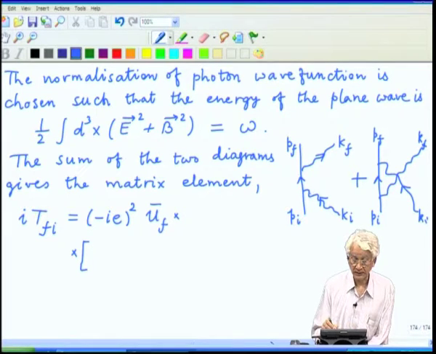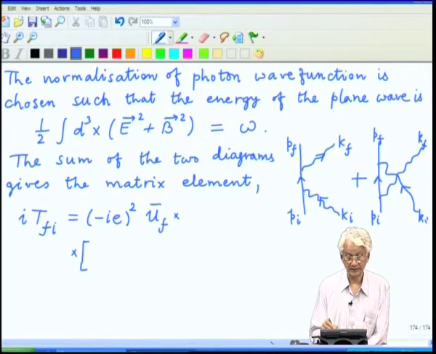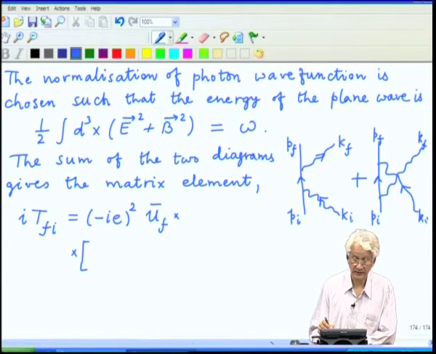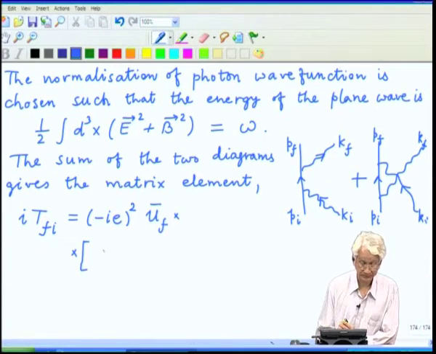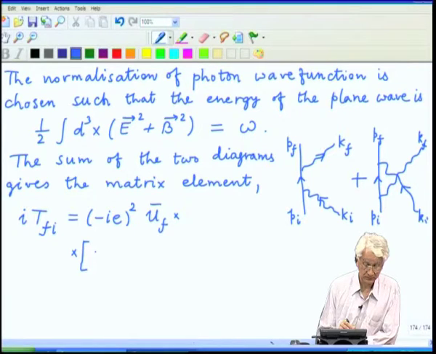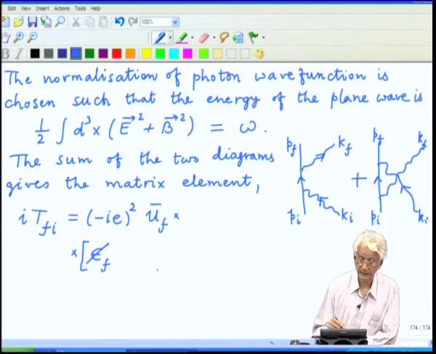The gamma matrices of the interaction are contracted with the corresponding photon wave function A mu, and A mu is simplified to this factor of epsilon mu. So, we only have the photon part appearing as epsilon slash.